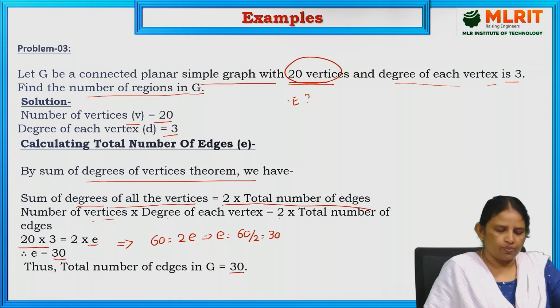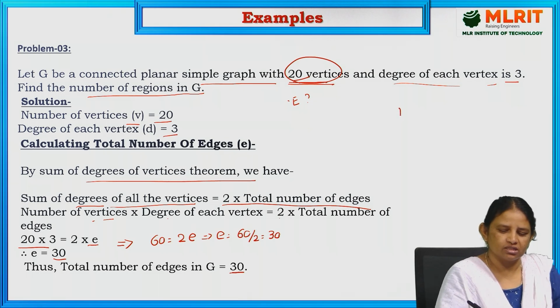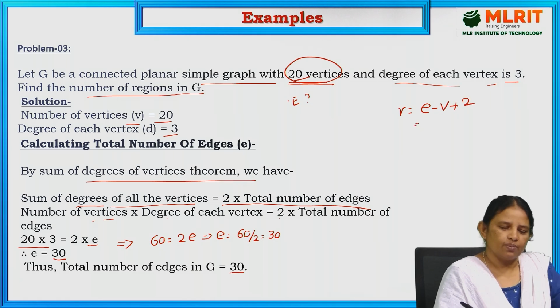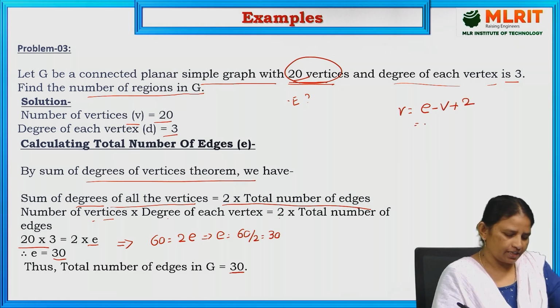Once we know the number of edges and number of vertices, we can find the number of regions using Euler's formula. R equals E minus V plus 2. The number of edges is 30, the number of vertices is 20, plus 2.